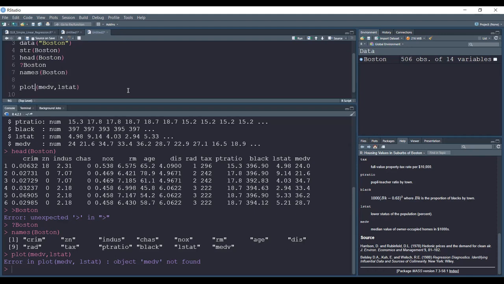If you don't want to fix the data, you type Boston dollar and Boston dollar. That's telling the compiler, look into Boston and take those values in the MEDV column. And I've swapped these around, haven't I? It's X, Y.